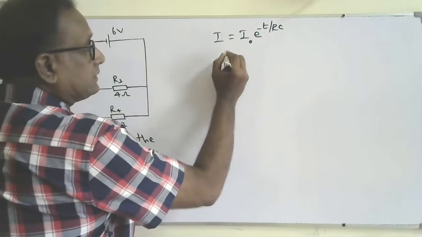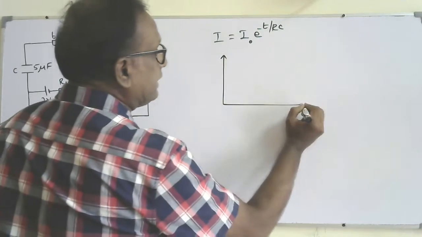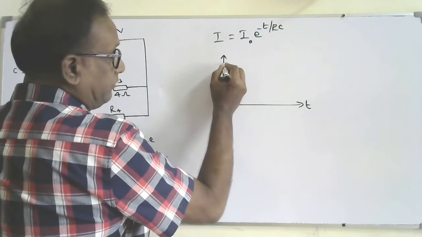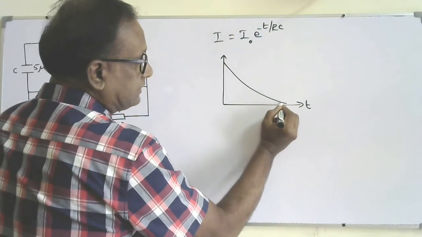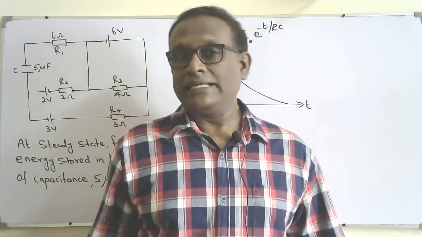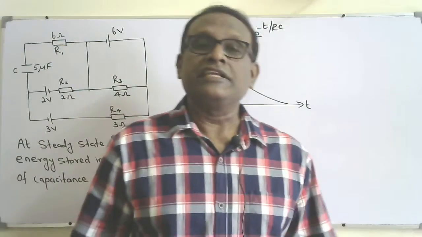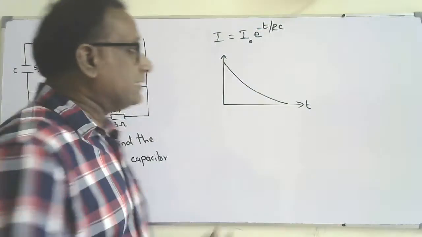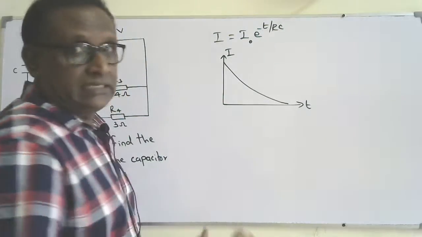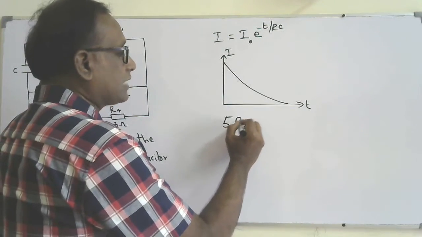When the capacitor is fully charged, the current flow will become almost equal to zero. Theoretically it takes infinite time, but practically the current becomes almost zero after about 5 RC.